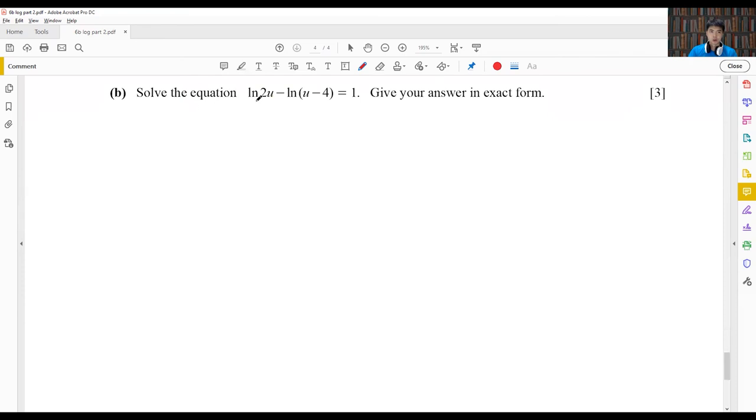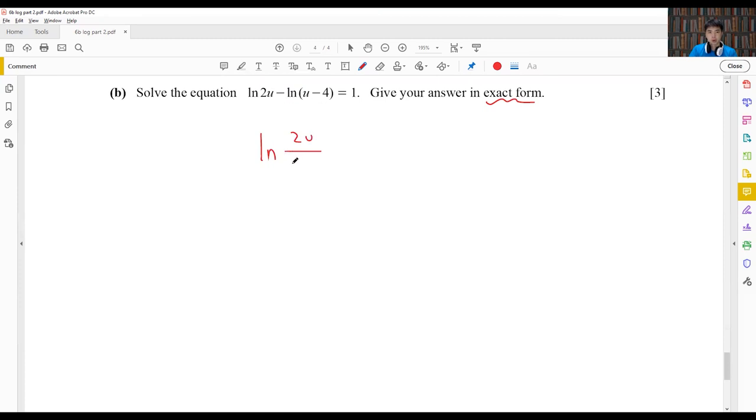Solve the equation of ln 2u minus ln of u minus 4 equals to 1, giving an answer in exact form. Again, they're asking for exact form. So what we're going to do is change this into, actually we don't even need to change this. We can just group this up here, ln 2u using the log minus rule, right?